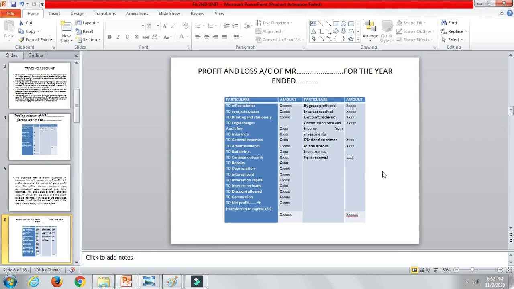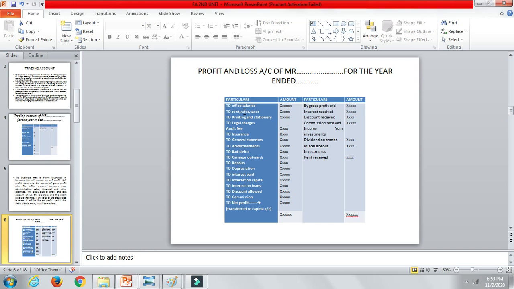This is the profit and loss account. You can check over here: office salaries, rent, rates and taxes, printing and stationery, legal charges, insurance, general expenses. These are all profit and loss related office expenses and losses.